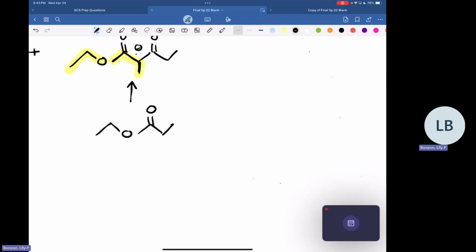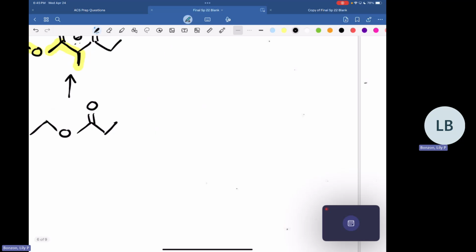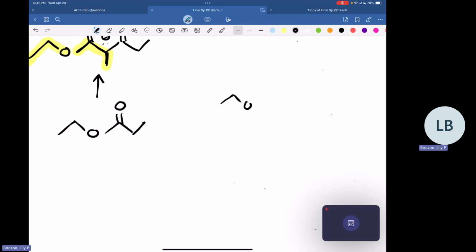And one way to kind of work with these ones on synthesis is to kind of do that step in the forward direction to just check yourself and make sure that you've got the right compound. So if I quickly do that over here, we've got deprotonated form, got our normal one. So that would attack, pick that up, and then that would come back down and kick out the ester.